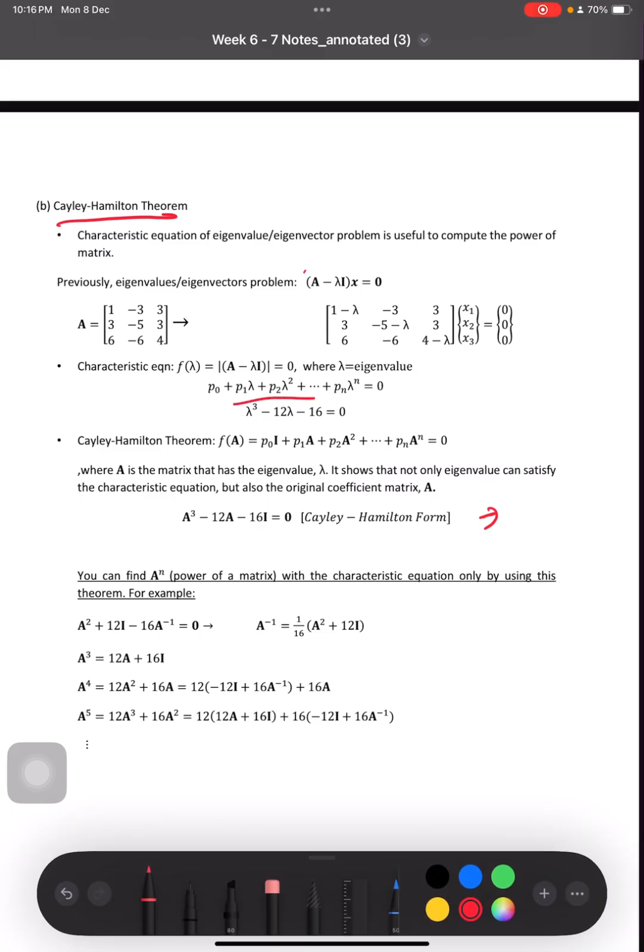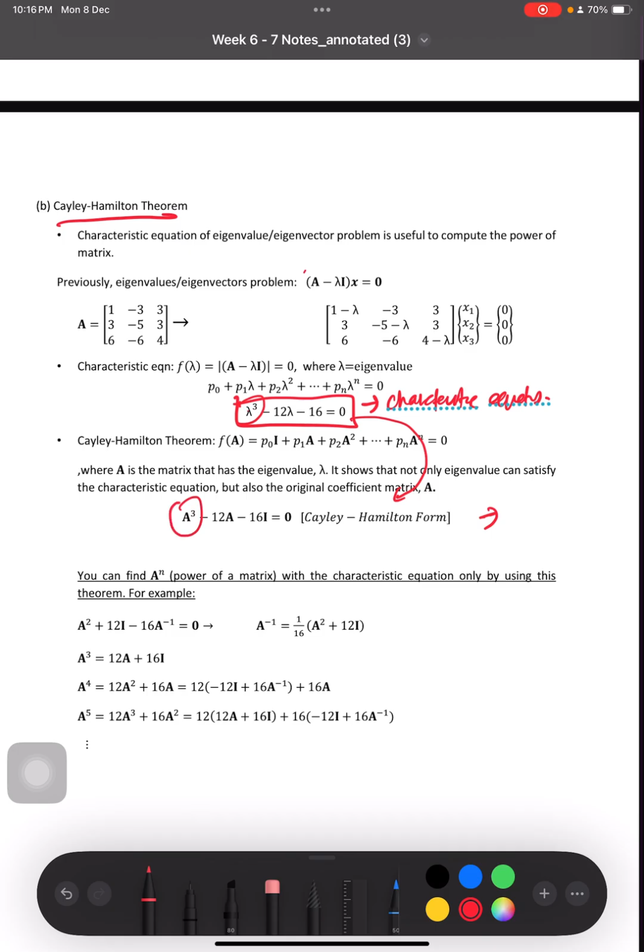This is the characteristic equation that we got from the eigenvalue problem previously. Cayley-Hamilton says we can transform this to become a matrix. So how do we transform it to become a matrix? This equation here can be transformed into a matrix.